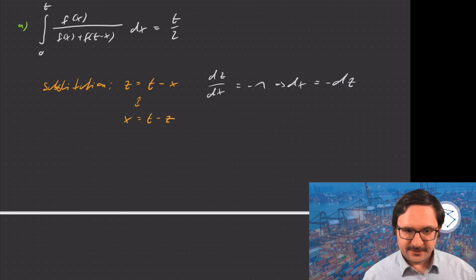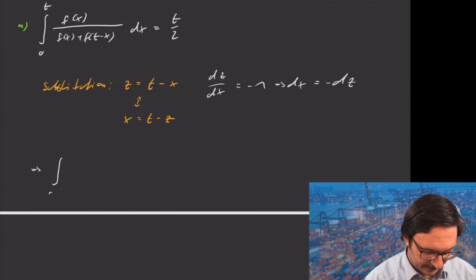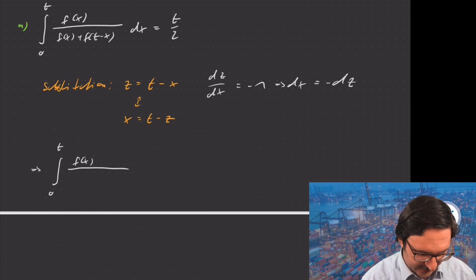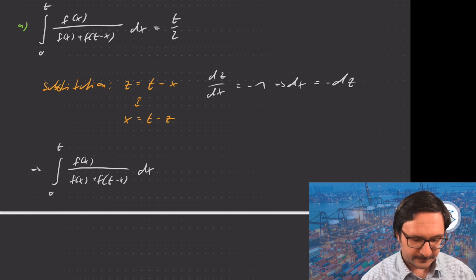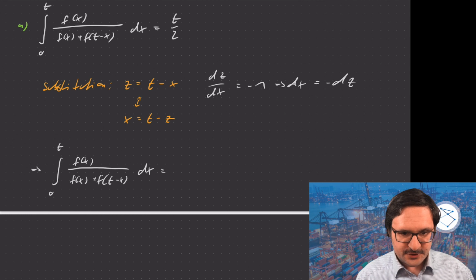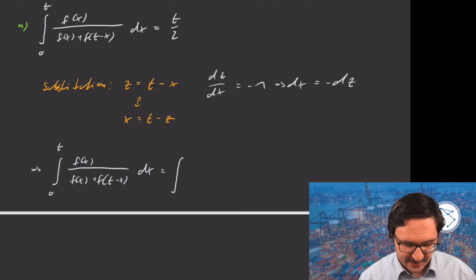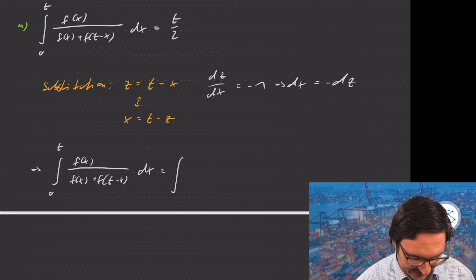And using this, we can now rewrite the integral the following way. So this original integral here, using the substitution, we can write this as, well, let's first keep the x's inside.